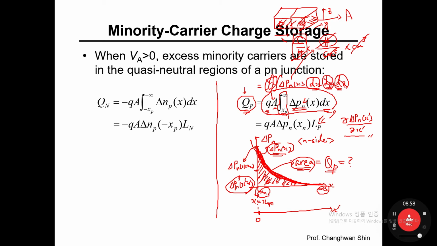Once we have the initial value of excess hole concentration, and let's say this distance corresponds to the hole diffusion length, so let me change the color.